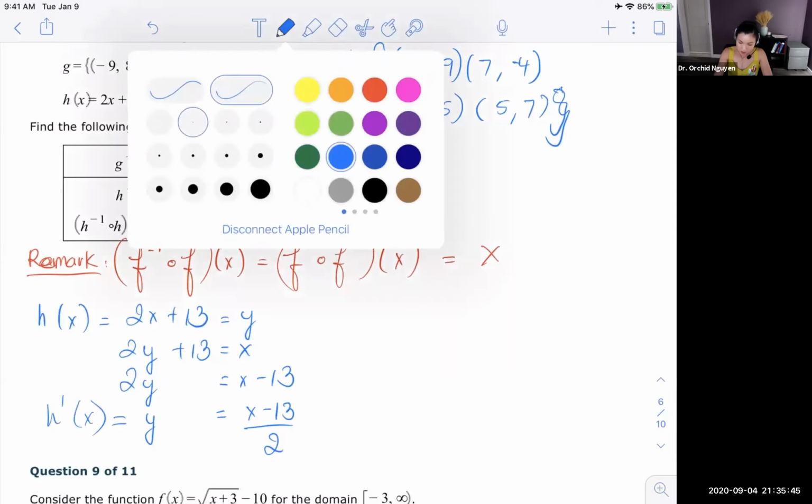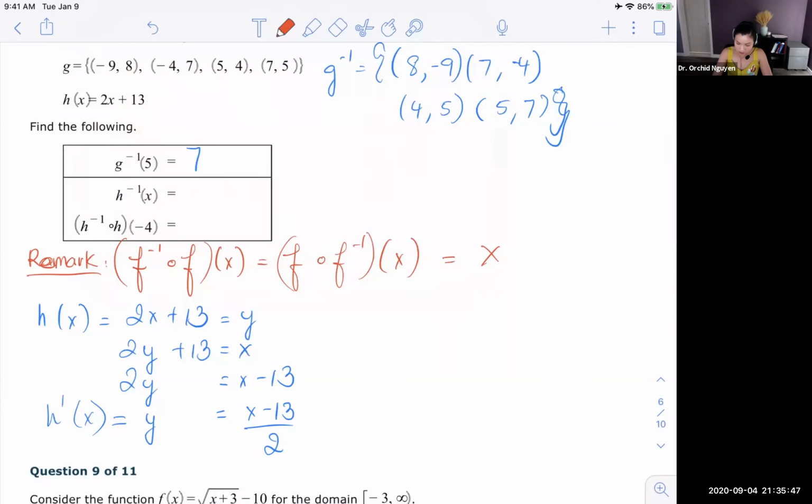Okay, so I repeat. First, you replace h of x with y. Then you interchange x and y. And then you solve for y. Okay, that's it.